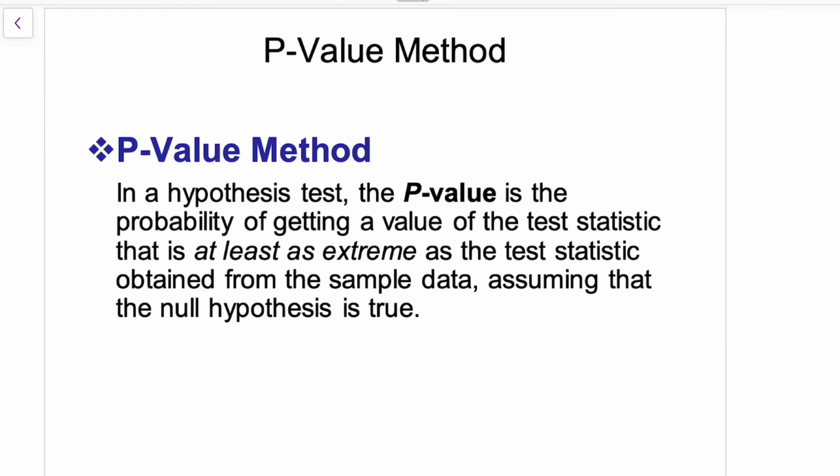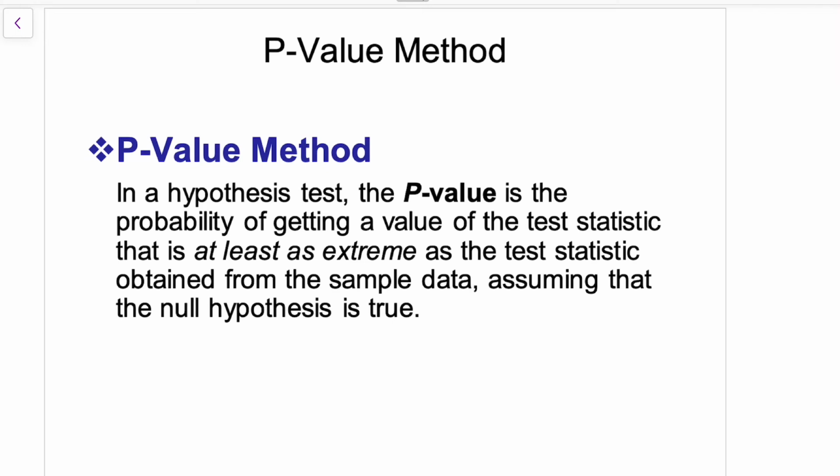So let's look at the first of these two methods, the p-value method. In the p-value method, we're looking for a probability of getting a value of the test statistic that is at least as extreme as the test statistic we obtained, right? This test statistic came from our sample data.